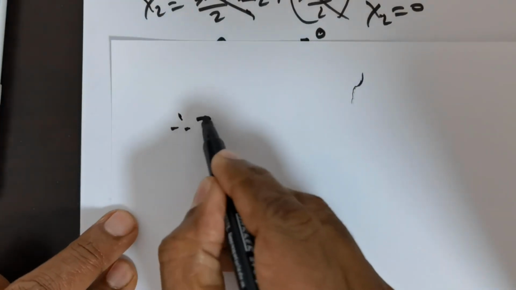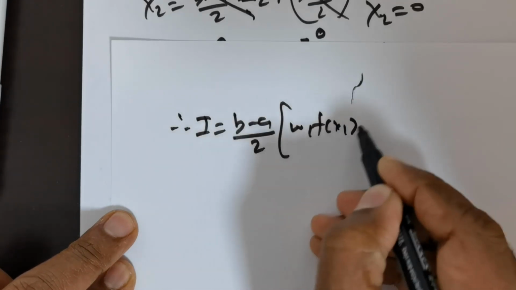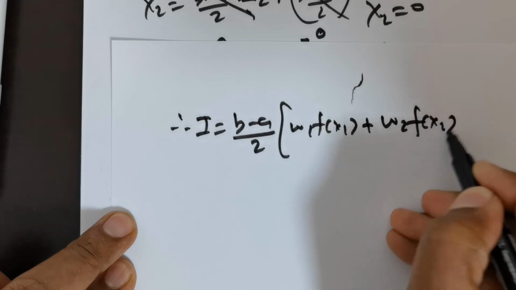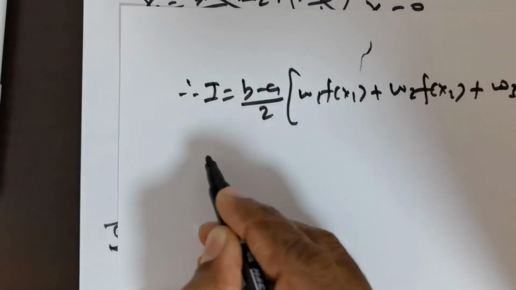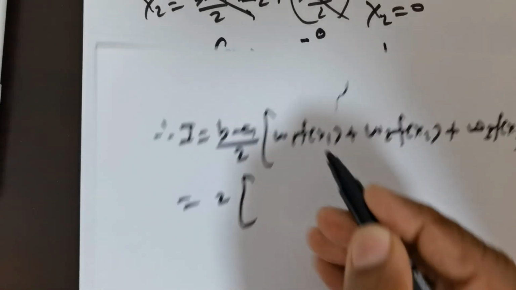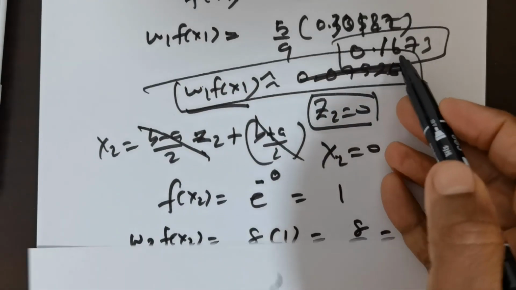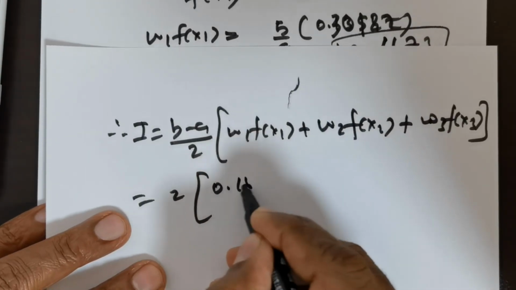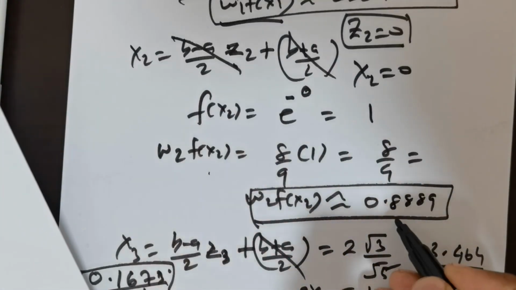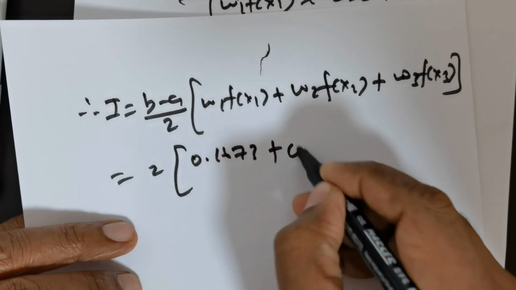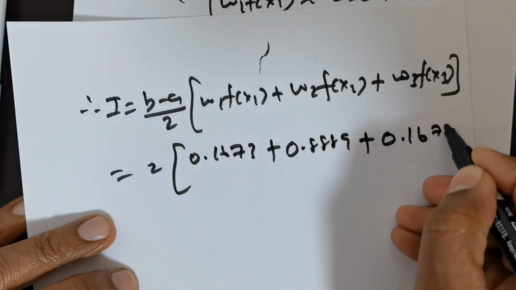So therefore the formula I is equal to (b negative a) over 2 times w1 times f of x1 plus w2 times f of x2 plus w3 times f of x3, which is equal to 2 units, w1 f of x1 is 0.1673, plus w2 into f of x2, that is 0.8889, plus this value 0.1673.